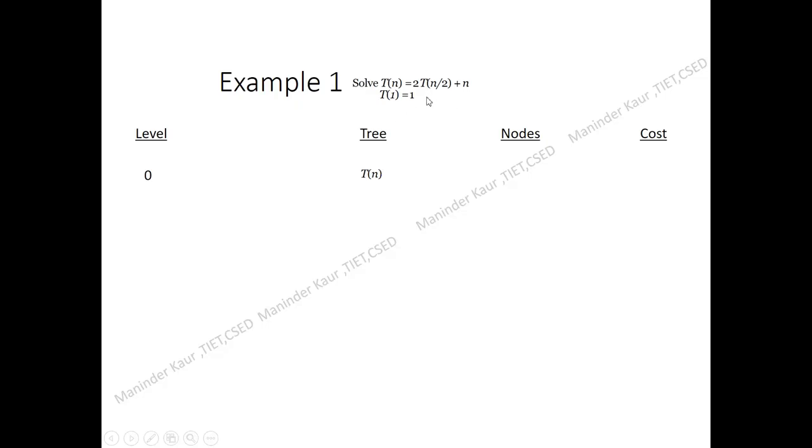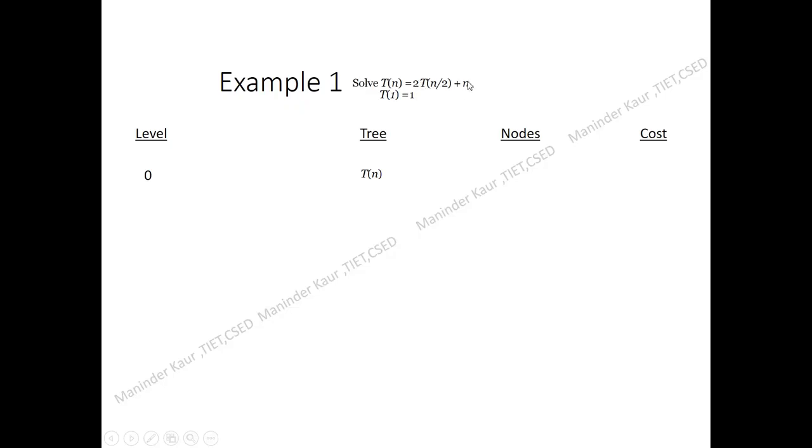Now, how does this method start? For T(n), the initial level is 0. That is the first level. At the zeroth level, we represent T(n) in terms of a cost function. That means if you are solving the problem T(n), what cost is required to split it into two parts and combine the results of these two parts.